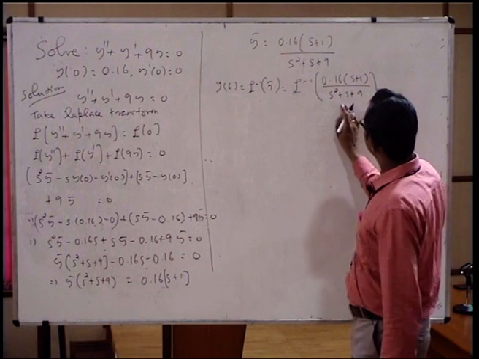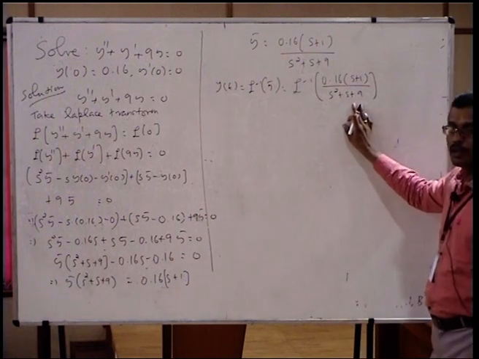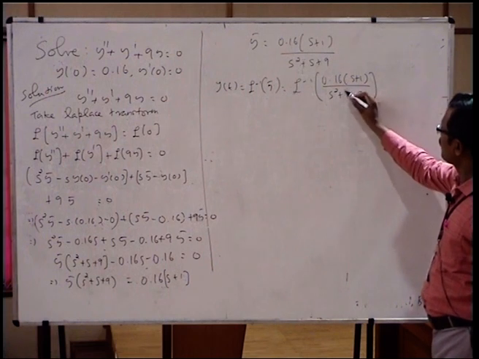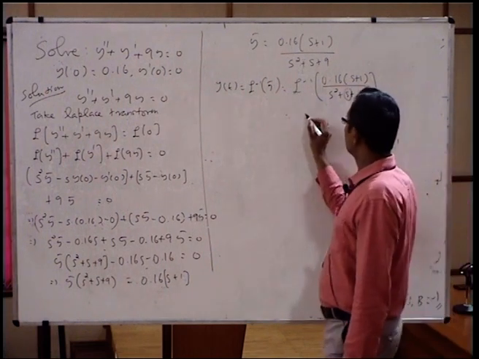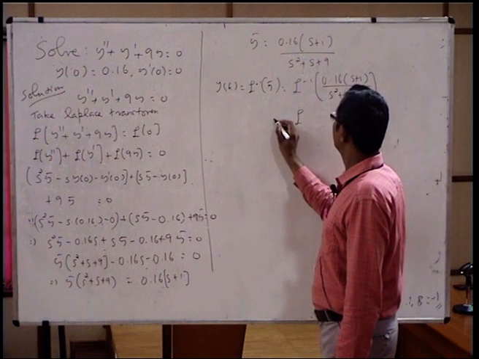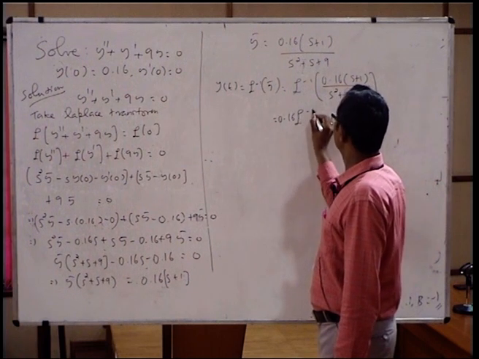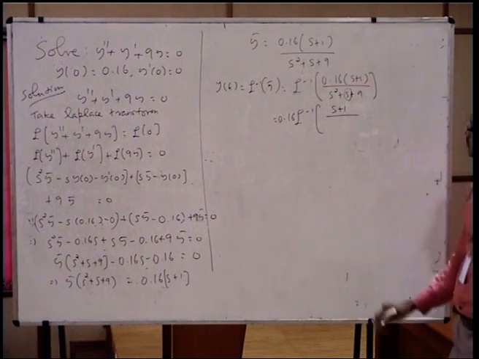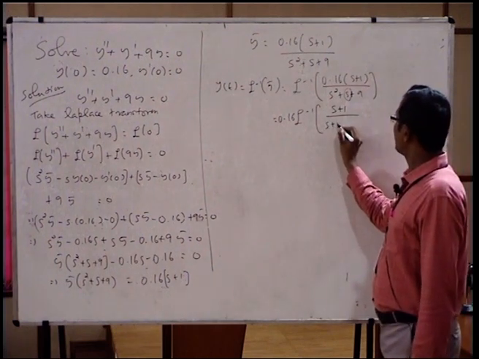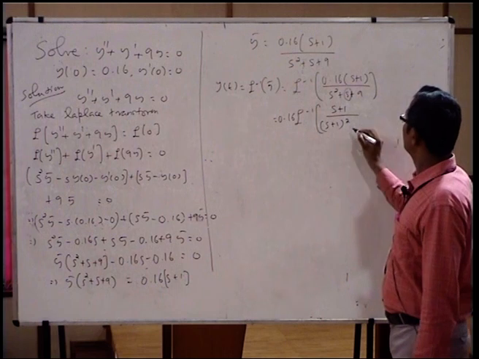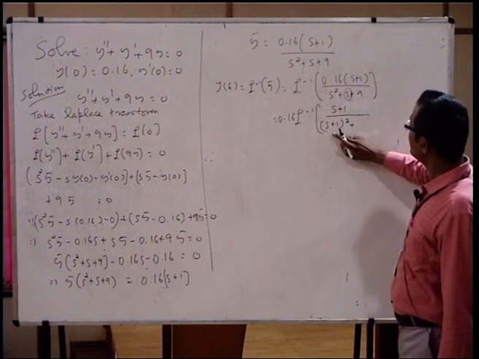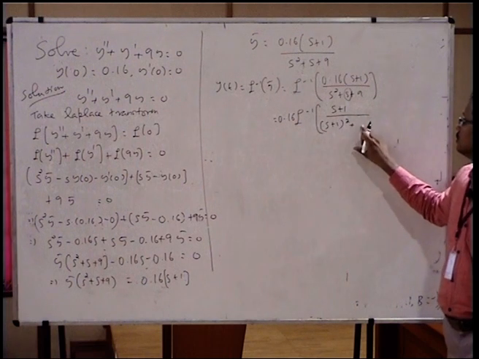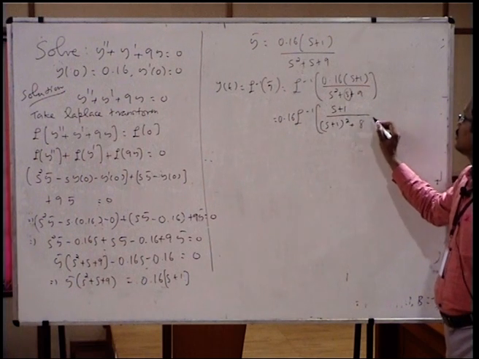Now, here we can apply the square completion procedure. So, the coefficient of s is 1. I can write this as 0.16 into L inverse of s plus 1 divided by s plus 1 the whole square plus, s square plus s plus 1, so what is remaining? 8.